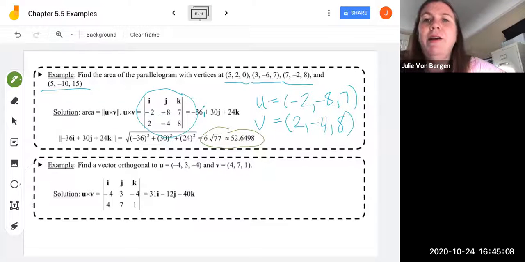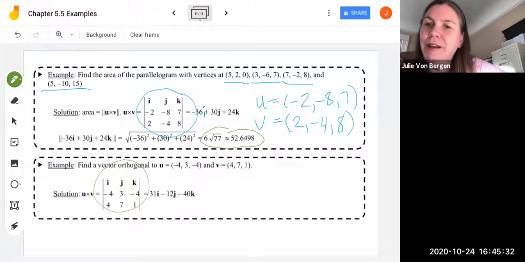And then our next example is to find a vector orthogonal to u equals (-4, 3, -4) and v equals (4, 7, 1). So here we do the cross product to find the orthogonal vector. So u cross v has i j k in the first row, u in the second row, and v in the third row.